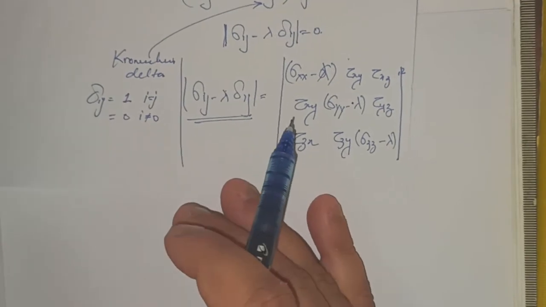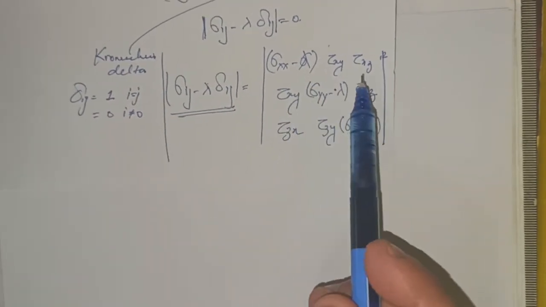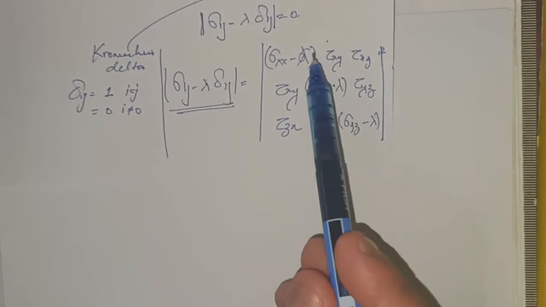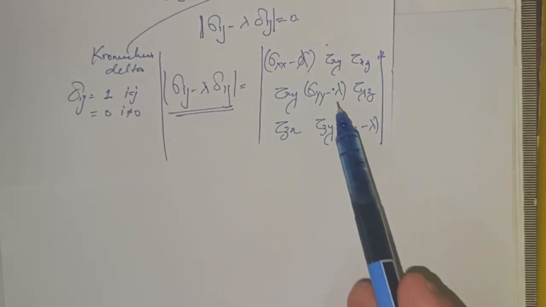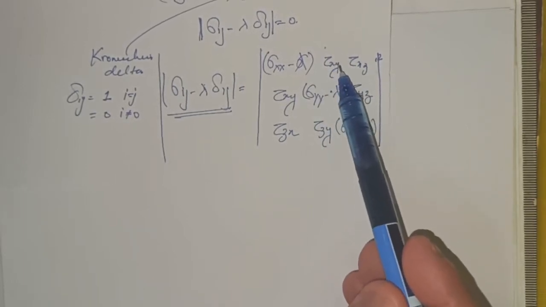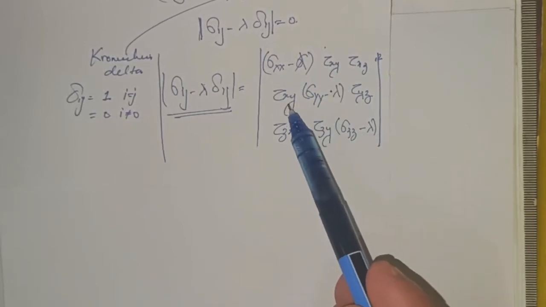Now, you know how to solve this. This is a simple 3x3 matrix, and I hope you know how to find the determinant. Keep this value constant, multiply and subtract these two, keep the minus of this constant, then multiply these two.